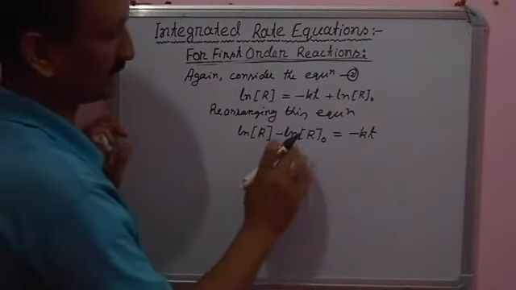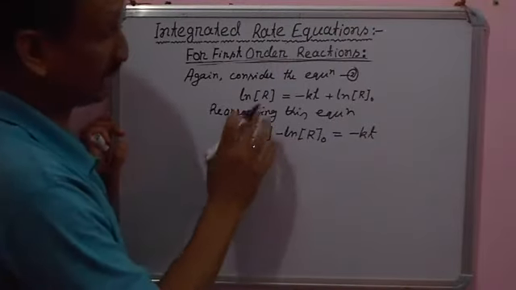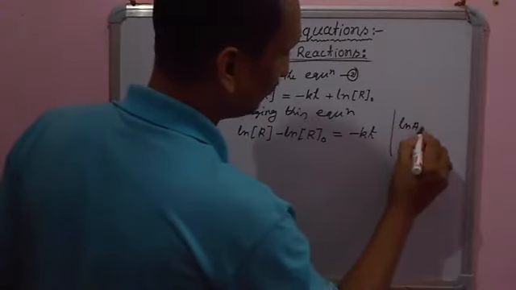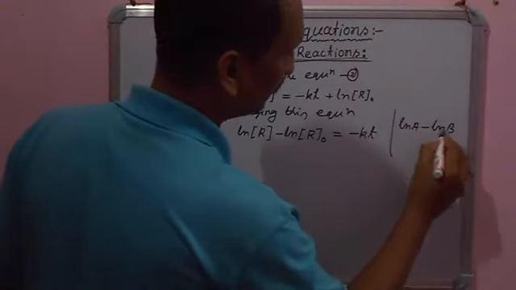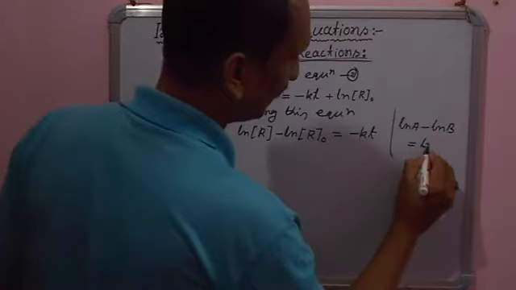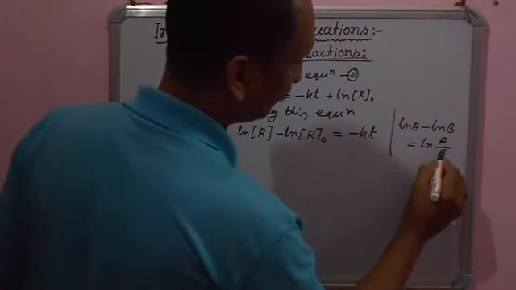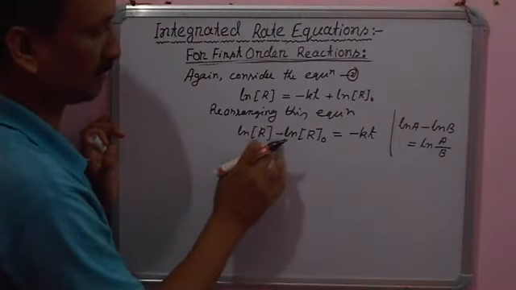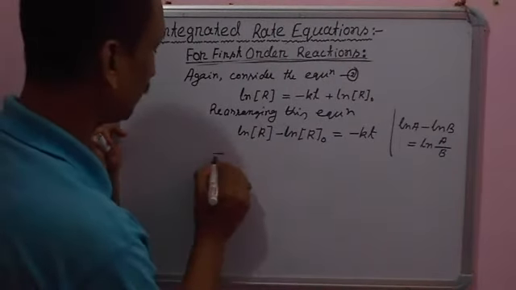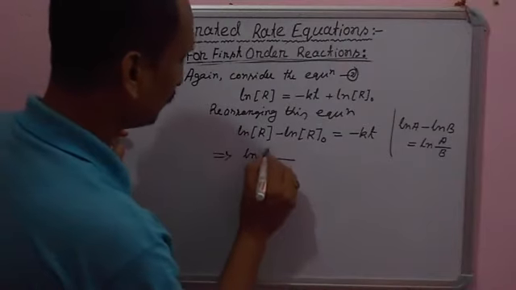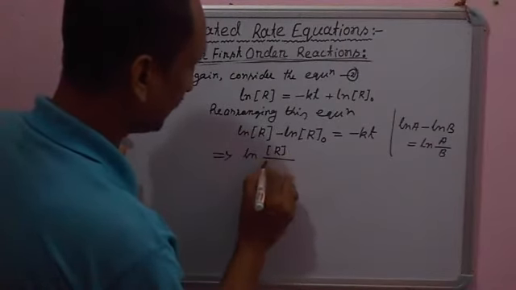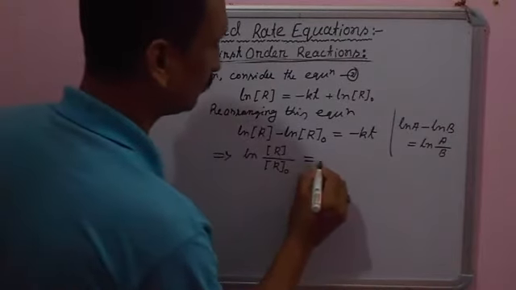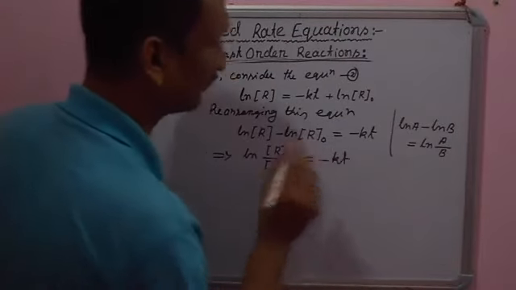So ln of A minus ln of B is equal to ln of A by B. That is another formula. If you apply this here, then ln of R minus ln of R naught will be equal to ln of R by R naught, which will be equal to minus kt.